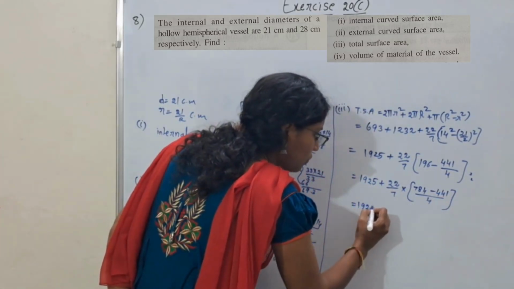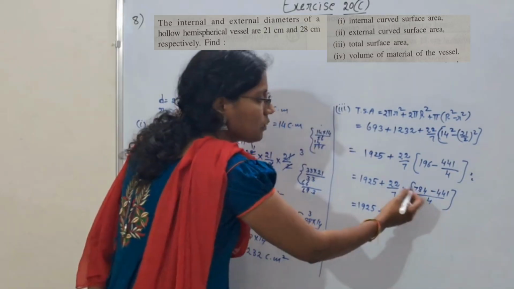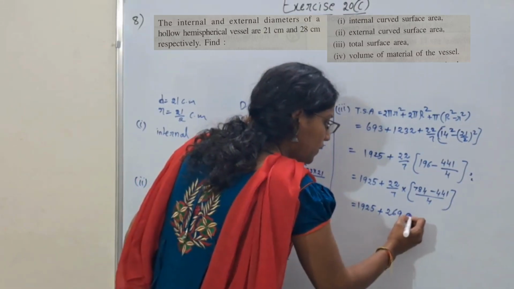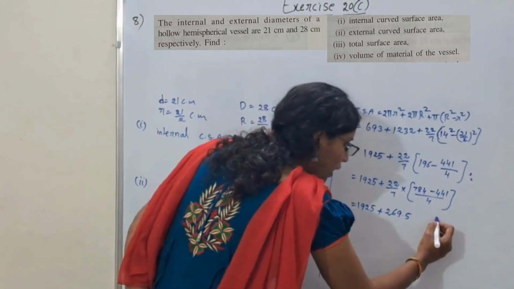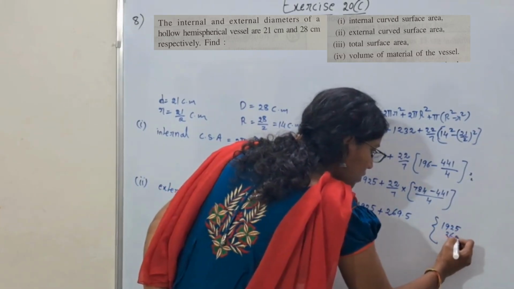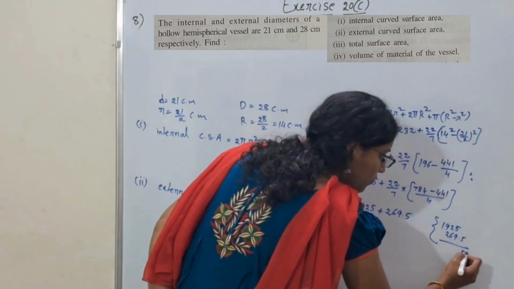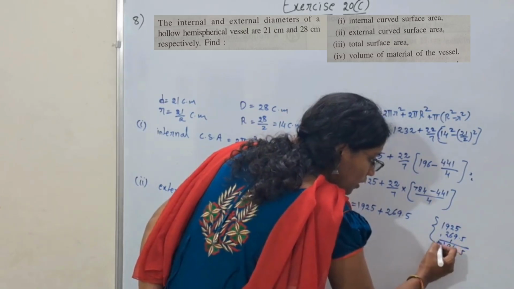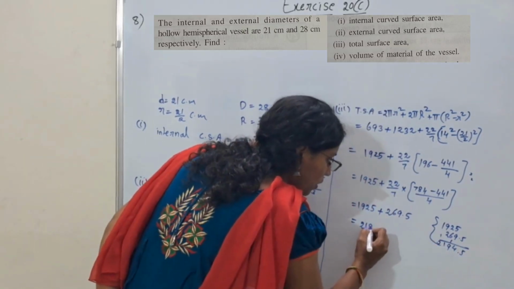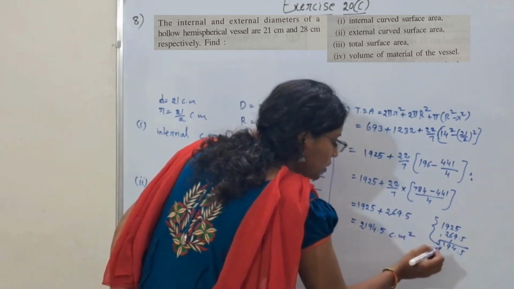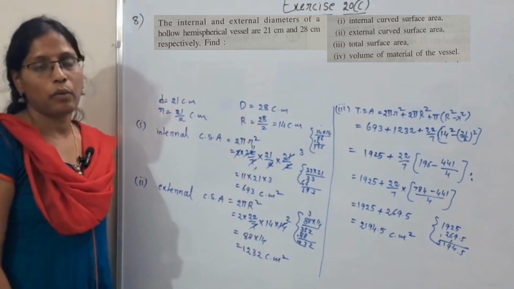Here 1925 plus this value we have to calculate. 269.5 it will come. Here both we have to add, 1925 plus 269.5, 2194.5 centimeter square. This is the third problem.